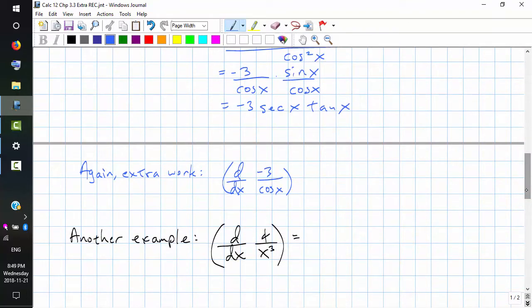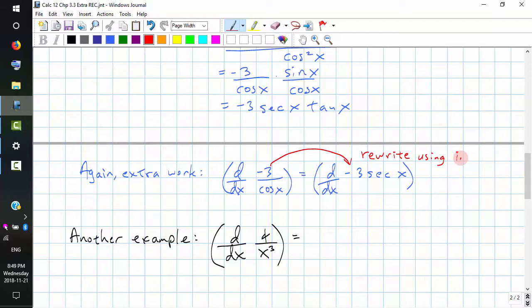So what we want to do is rewrite this using identities. So this is d dx of -3 secant x. Rewrite using identities.